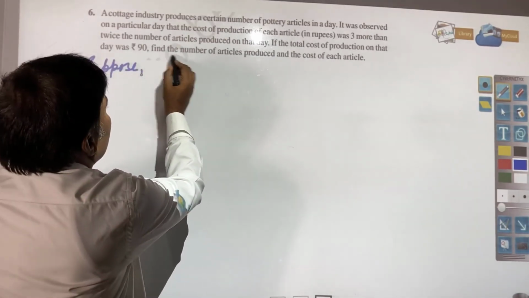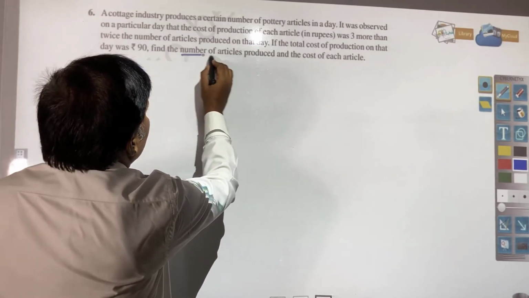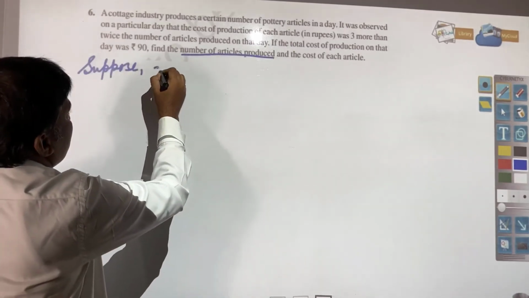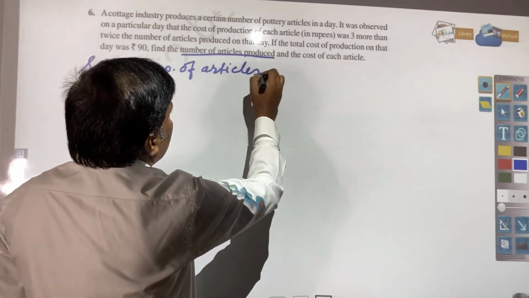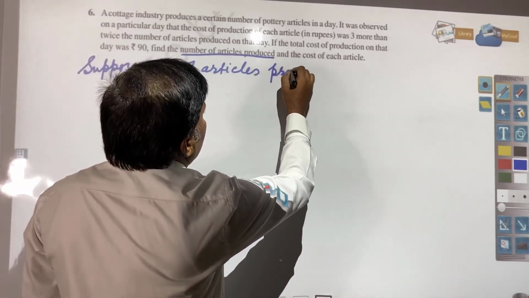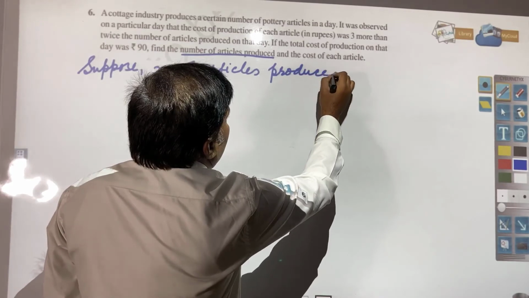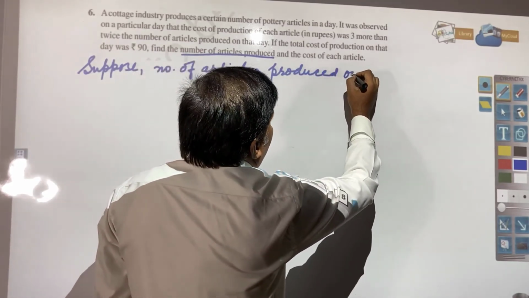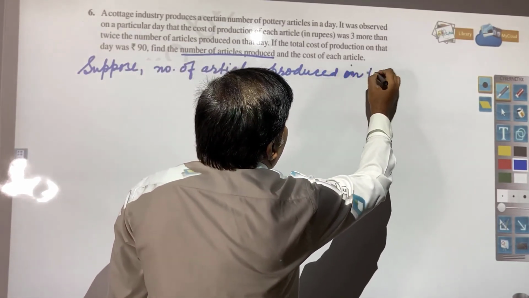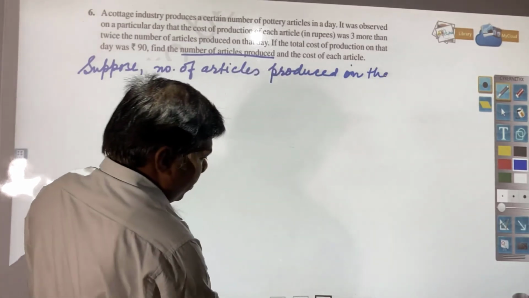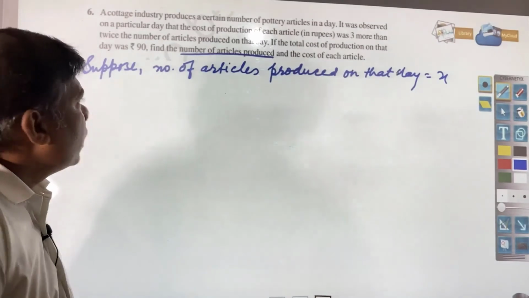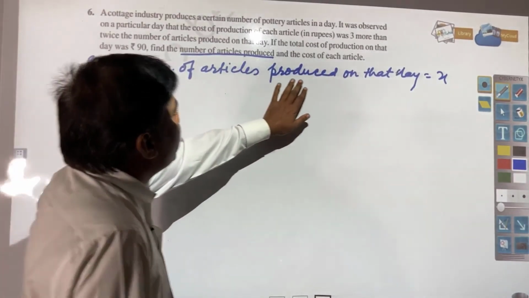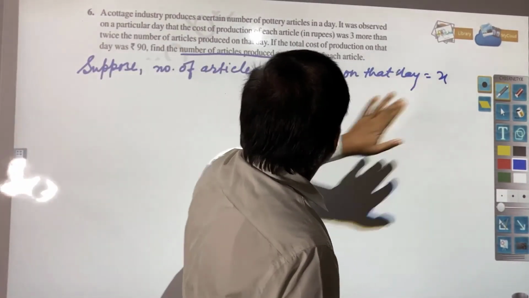Suppose the number of articles produced on that day is equal to x.